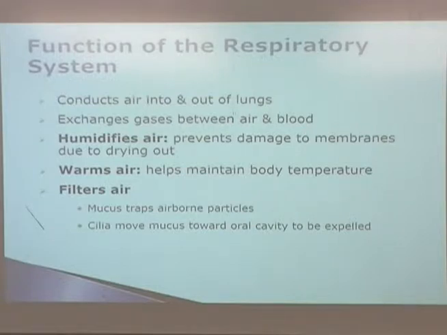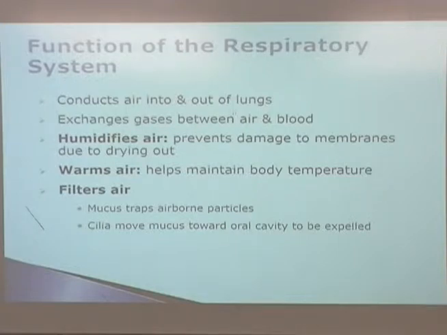So, we want air in and out of the lungs. And the function of the respiratory system is to get that air in and out and to supply a membrane to exchange gas from the air across and into the bloodstream. We go all the way back to the beginning of the semester and we were looking at energy systems.